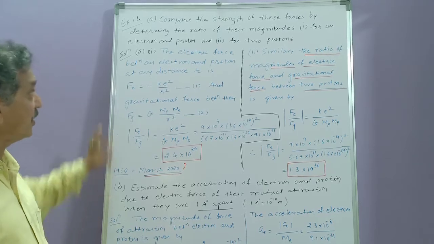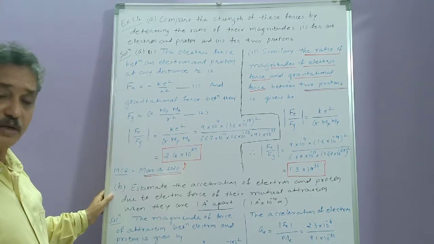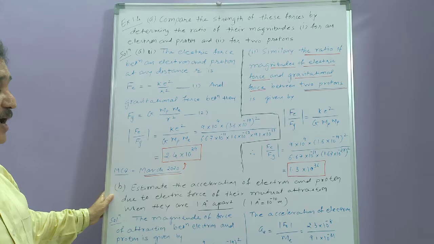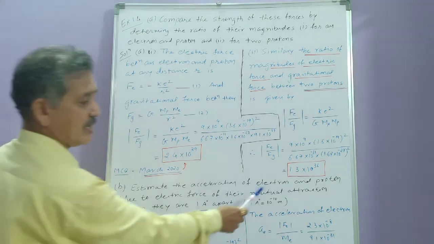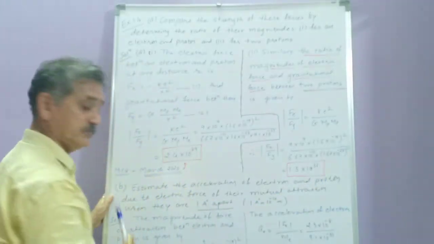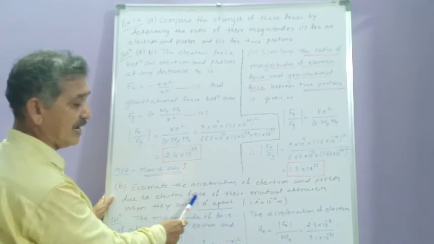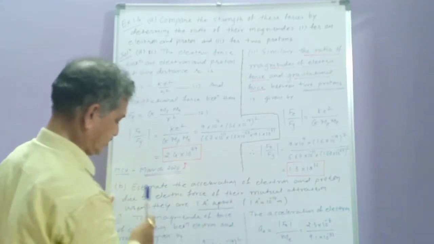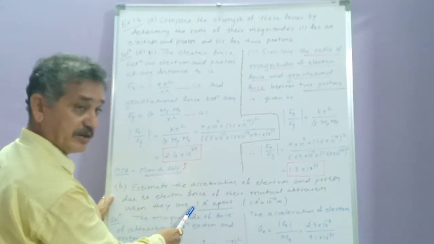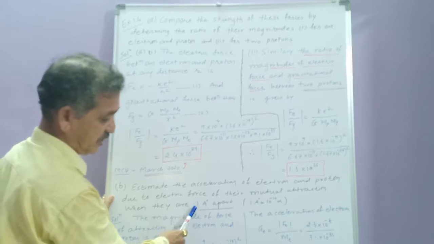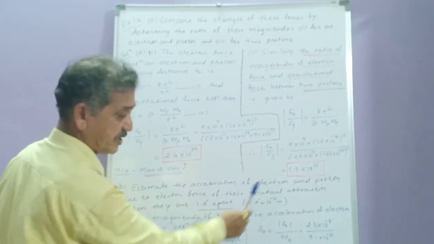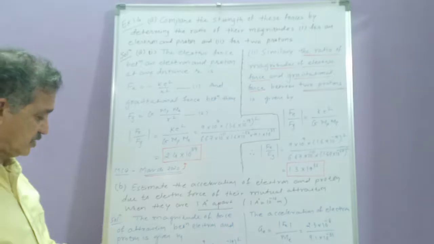Then in the B part of this numerical, we have to estimate the acceleration of electron and proton due to only the electric force of their mutual attraction, when they are at a given distance of 1 angstrom, and 1 angstrom is 10 raised to minus 10 meter. So what is the equation?